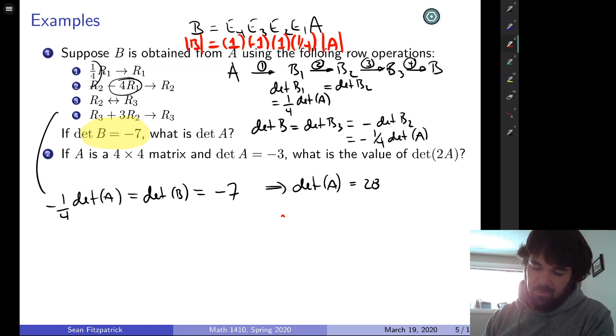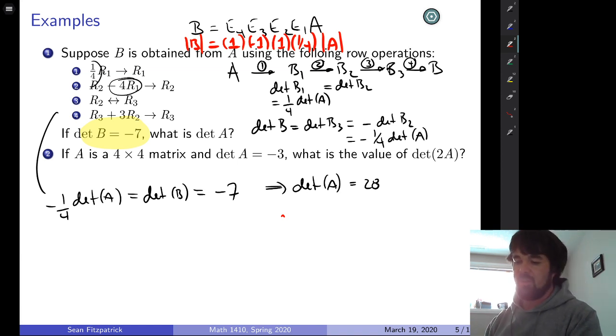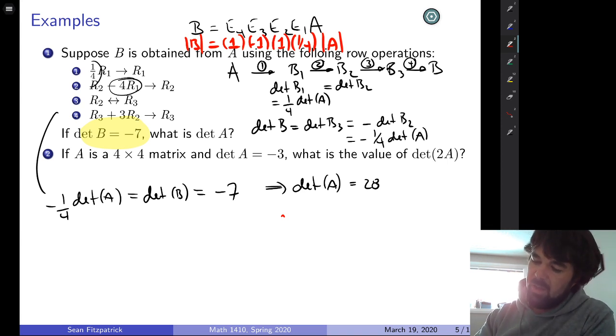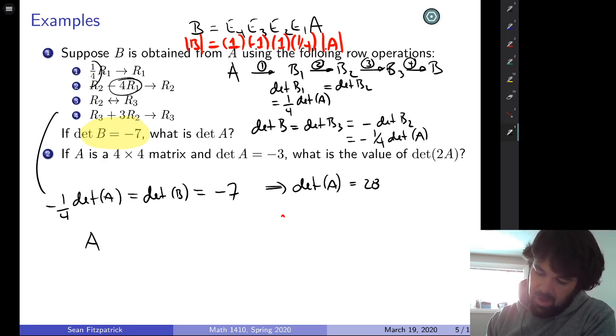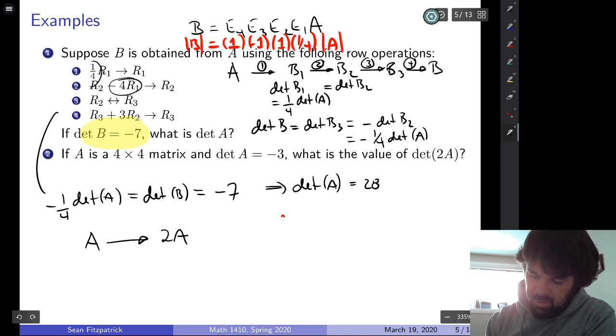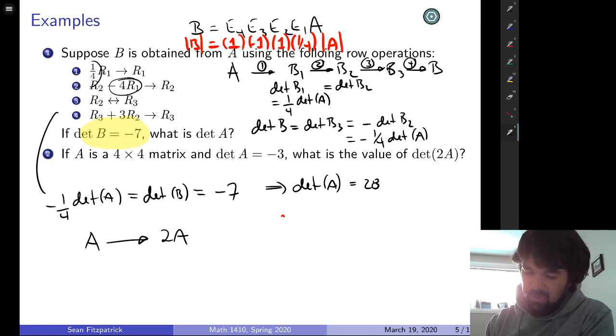Suppose you've got a 4x4 matrix, and you know that the determinant is minus 3. What can you say about the determinant of 2 times A? There is a property, and it's coming up right away, and it's derived in the textbook. But think about going from A to 2A in terms of row operations.